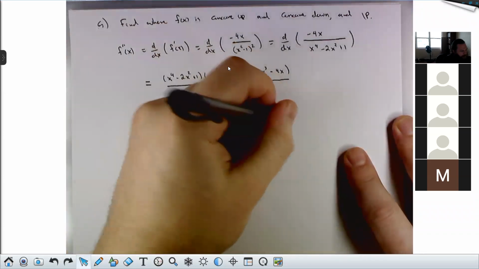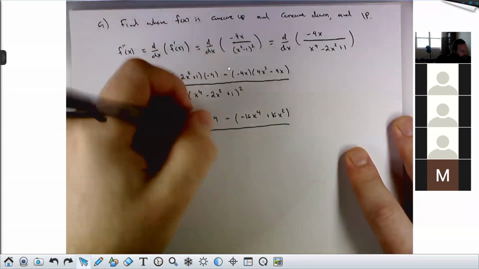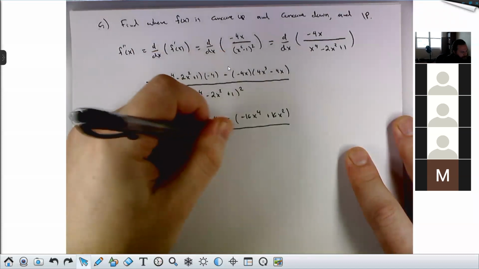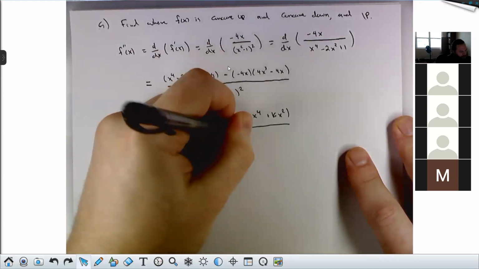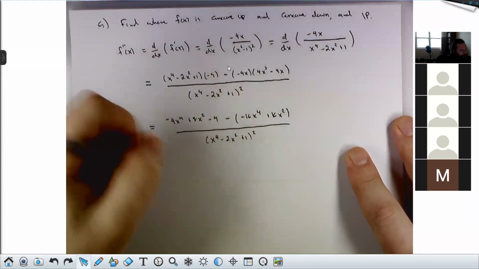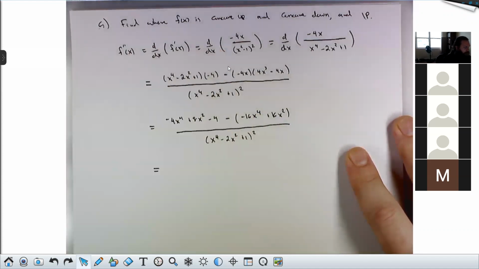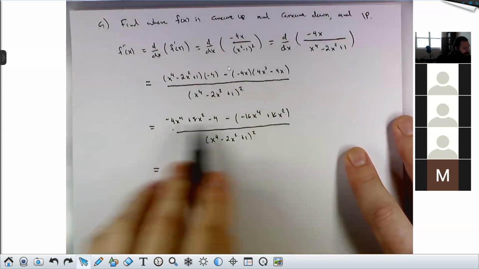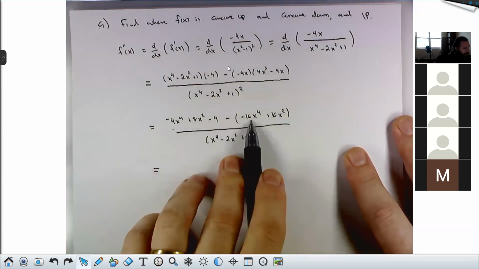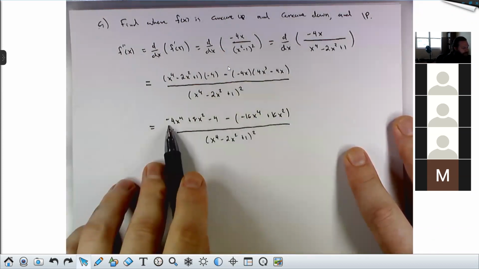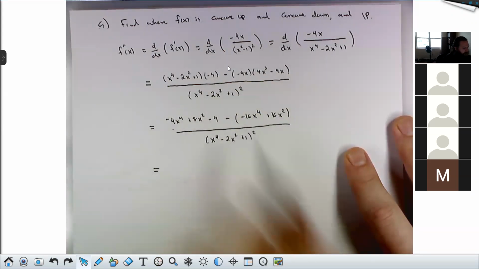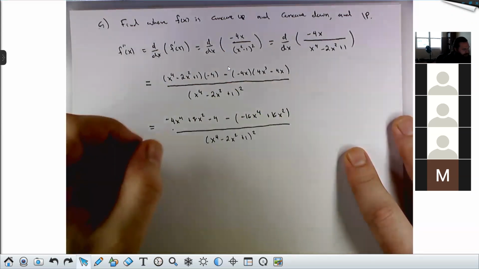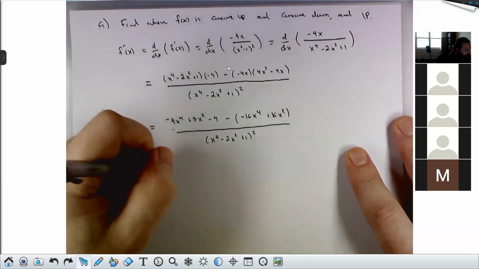And then downstairs here, I still have this piece. So when I distribute this negative, I'll have negative 4x to the 4 minus negative 16x to the 4. That's negative 4x to the 4 plus 16x to the 4, which is going to be 12x to the 4.